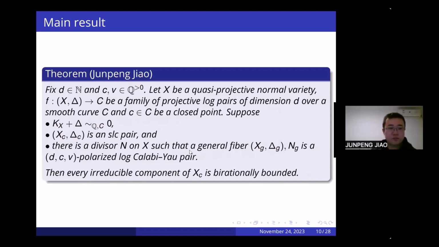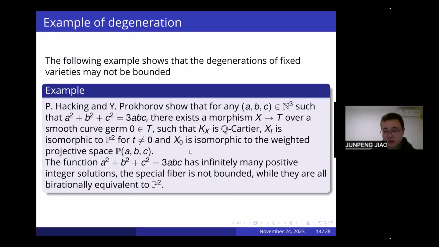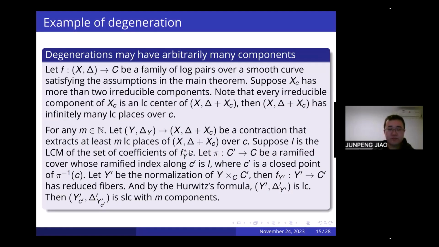The answer is no. The following example shows that there may be arbitrarily many components in the central fiber. So let (X,Δ) to C be a family of log pairs over a smooth curve satisfying the assumptions. Suppose the central fiber has more than 2 irreducible components.